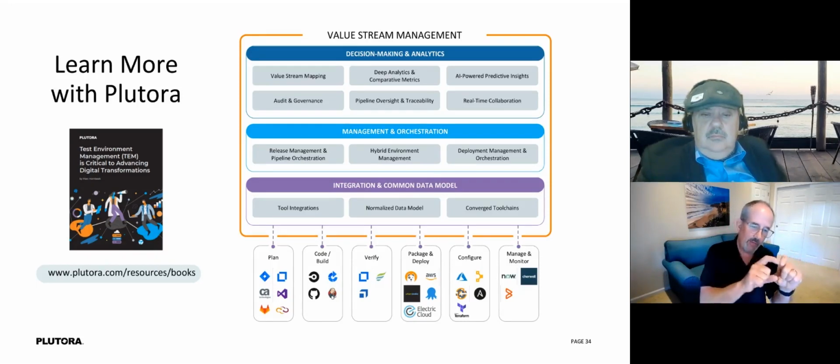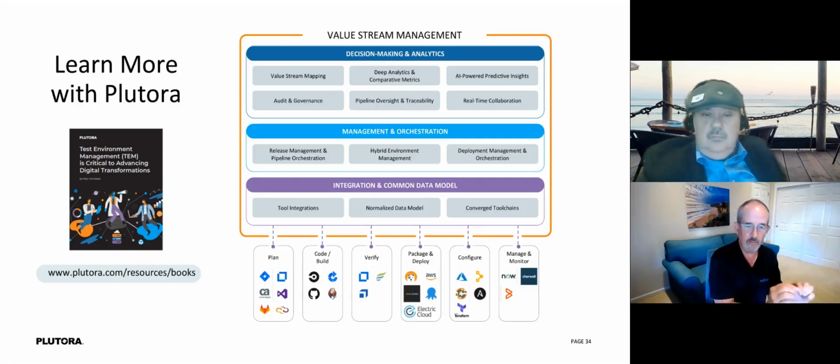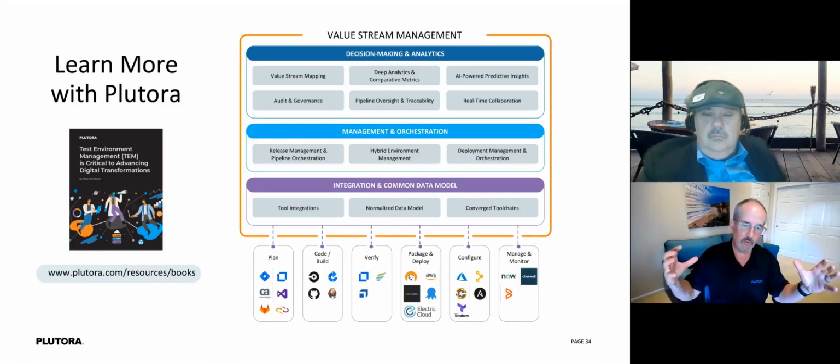And then we provide that orchestration, kind of an action layer in the middle. And what we've been talking about today is right in the middle of that picture, the hybrid environment management. And really highlighting that not only can you start in test environment management at one spot and evolve, but that'll take you to a full digital transformation as you continue to extend your capabilities to other areas of value stream and value stream management.